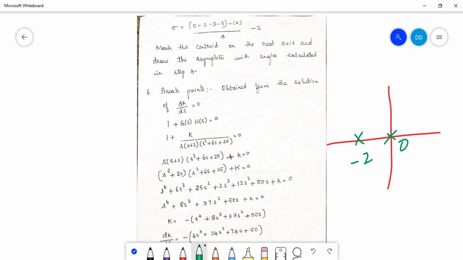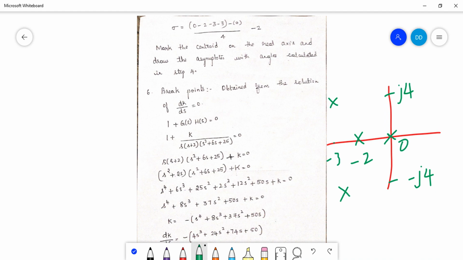Next we have complex roots. This is j4, this is -j4, and our third and fourth roots are at -3-j4 and -3+j4. So -3 is somewhere here. So our third pole is at this point.